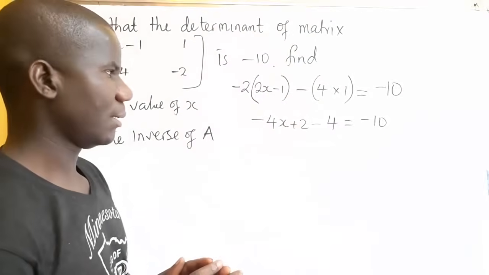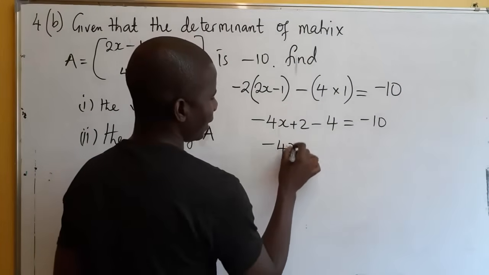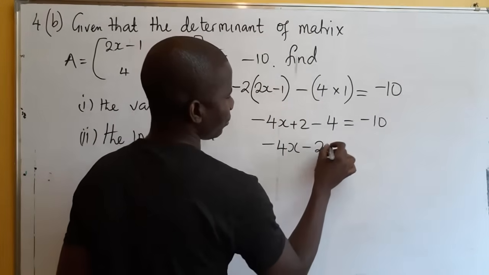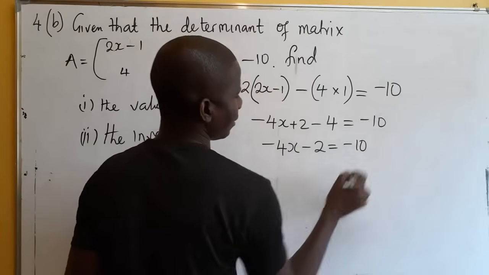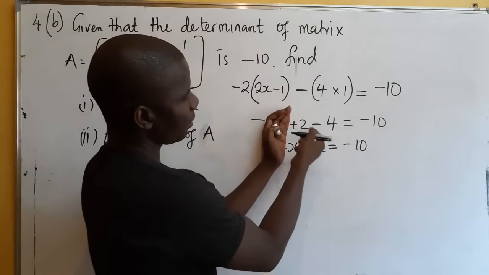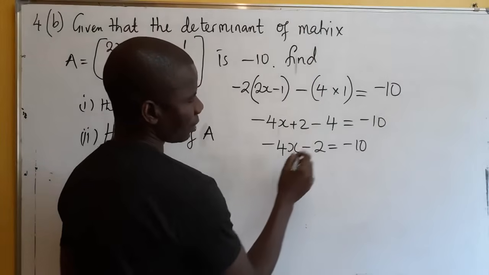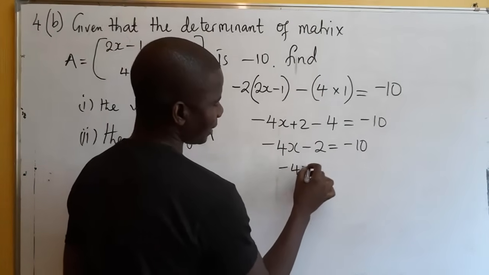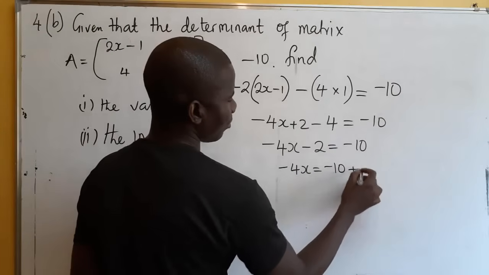Are you following me? All right. So then we have -4x minus 2 is equals to -10. We are looking at these ones here. When you simplify 2 minus 4, you get -2. So you have -4x is equals to -10 plus 2.